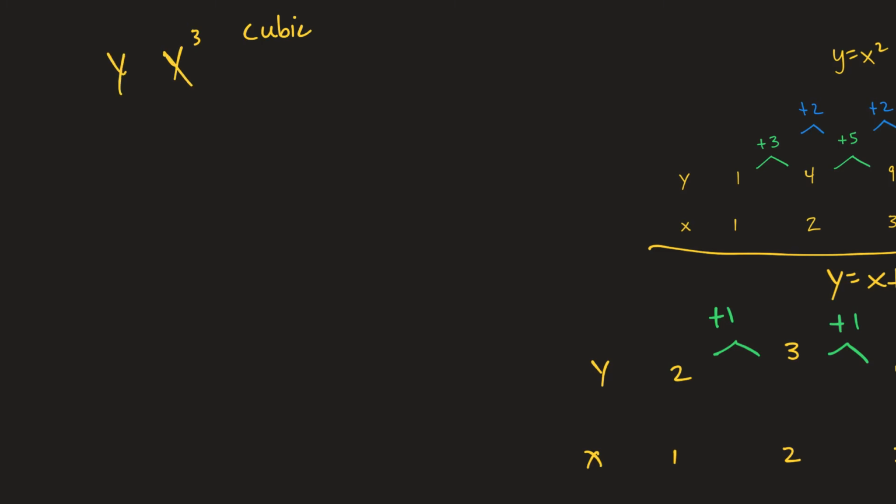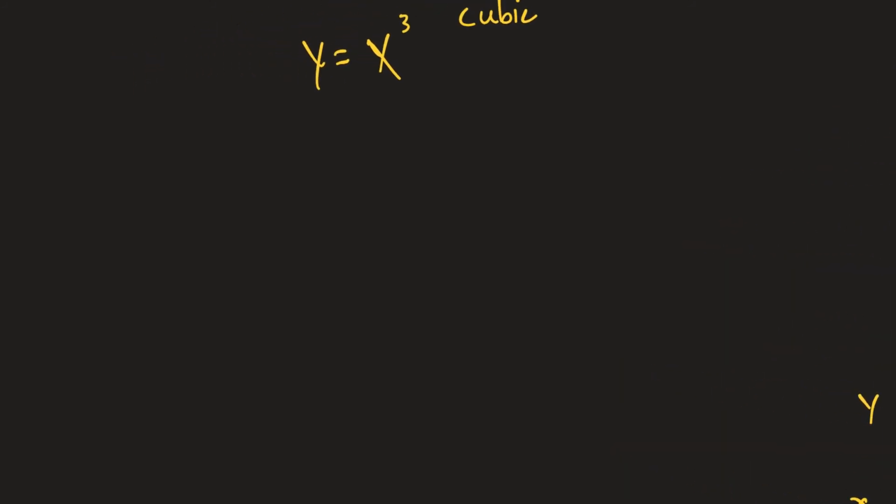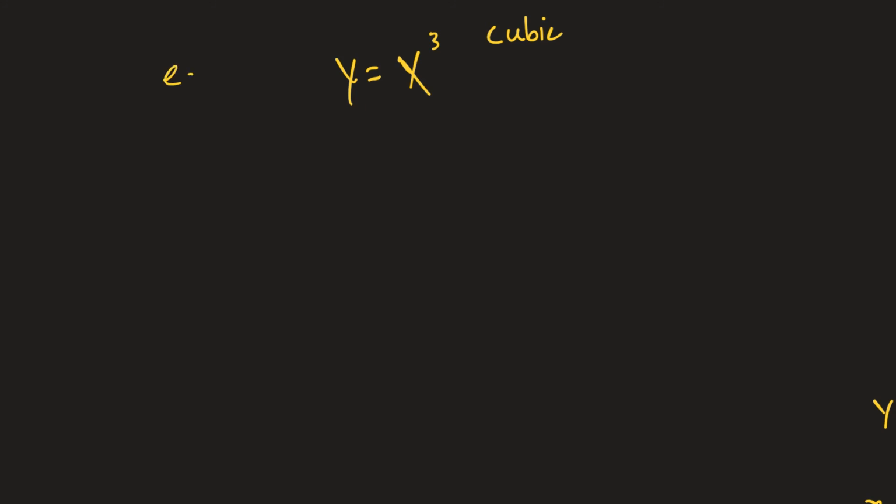If I had y equals x to the third, that would be a cubic equation. They call this an equation usually, but if I did f of x equals x to the third, that means the same thing. They would call this a function.